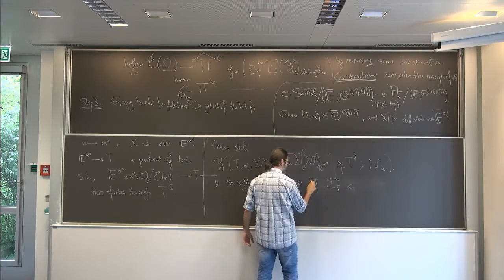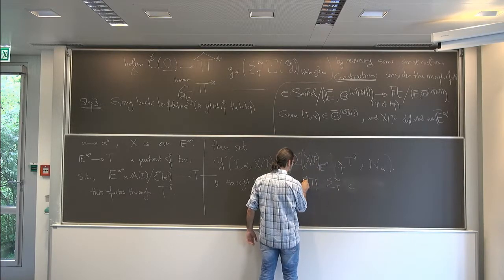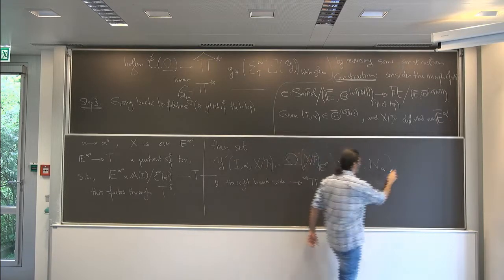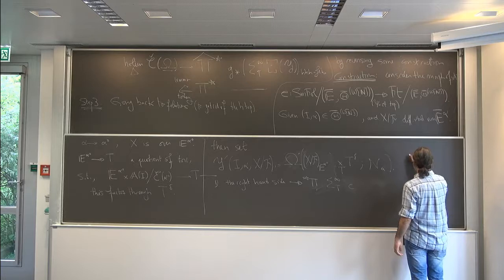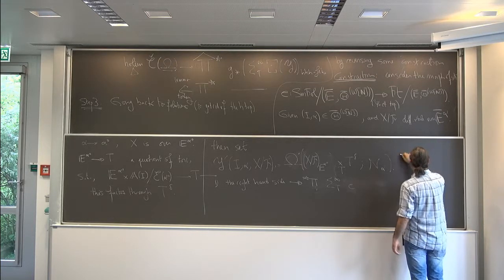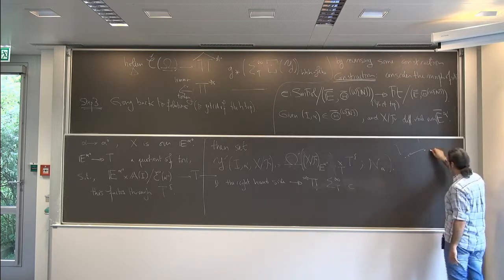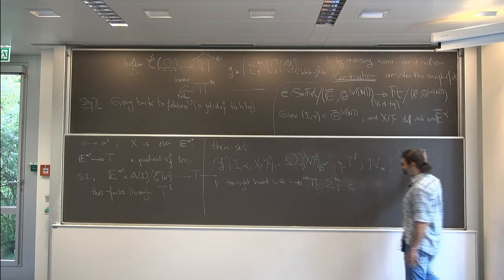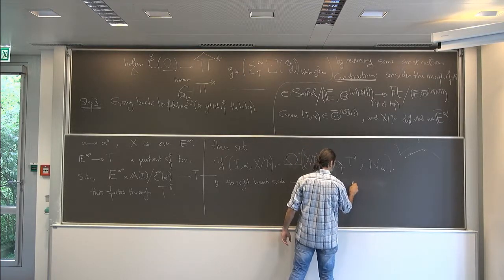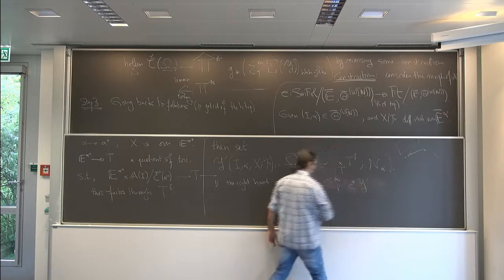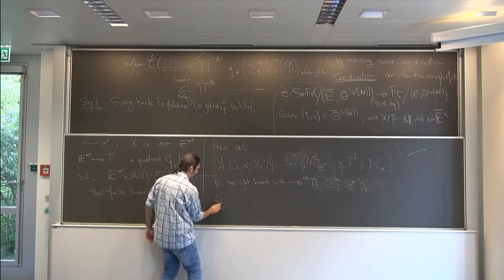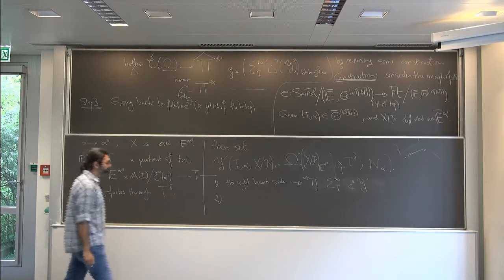Oh, there is a star. Let me put a star here. So one has to work over this part of the diagram. So we don't need any more this, but we still need so yeah. Okay, it doesn't really matter. So we still have such a map.